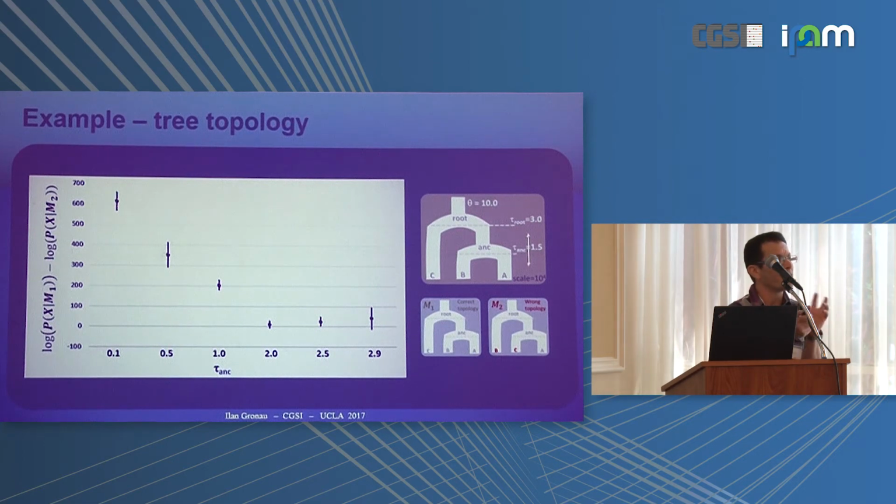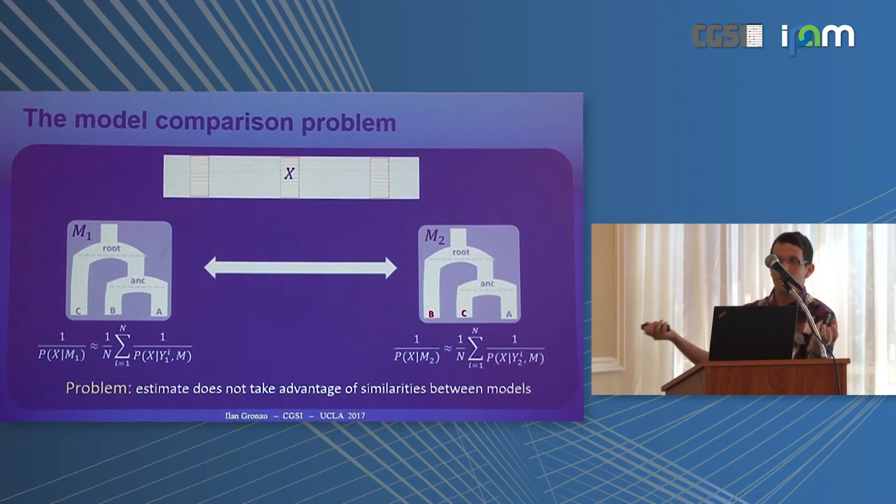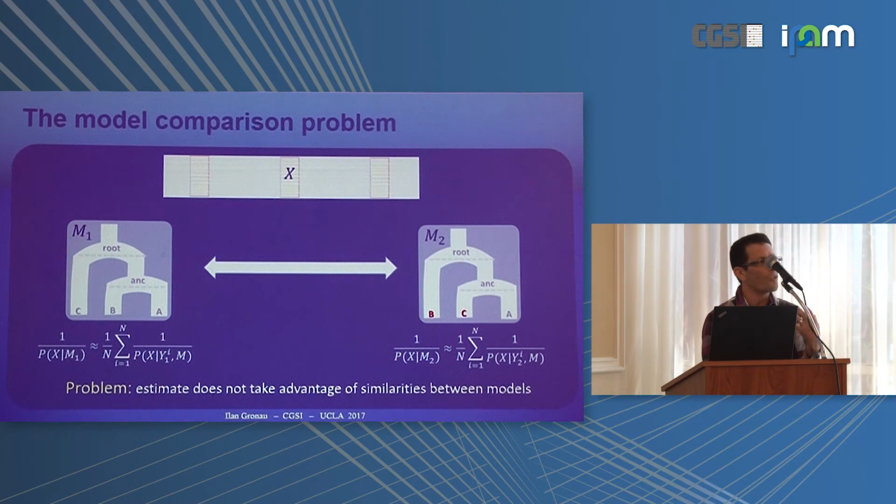The different topologies become more similar because the genealogies that you generate under the different models become more similar. So the problem becomes tougher, but you'd want to use their similarity to make your estimates more robust.